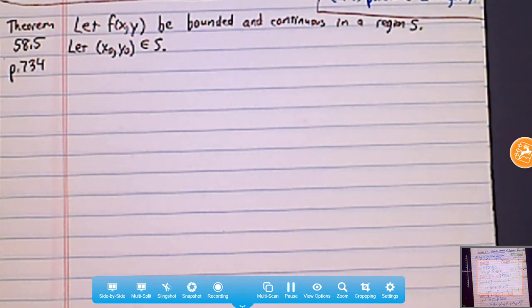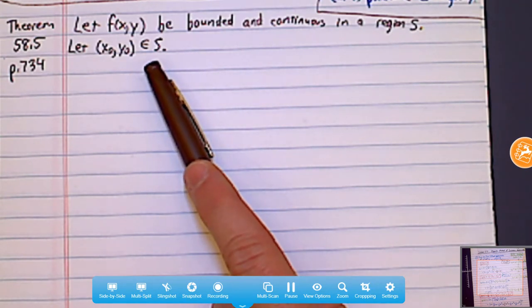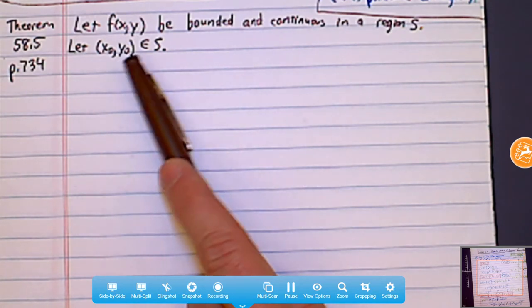No, I'm sorry. That's math notation. That means is an element of. So, x naught, y naught is an element of S.